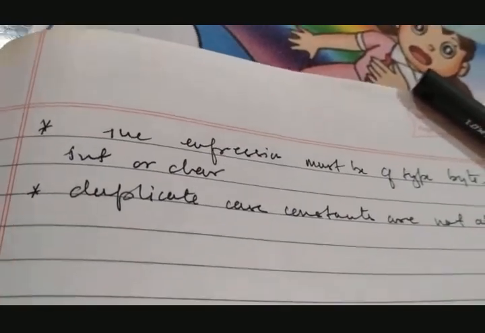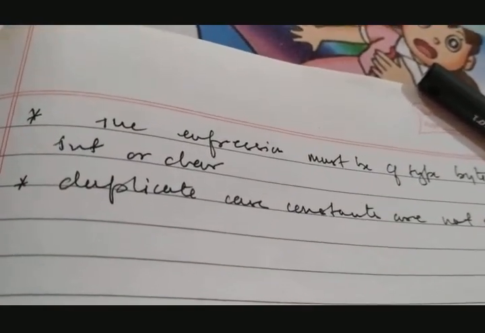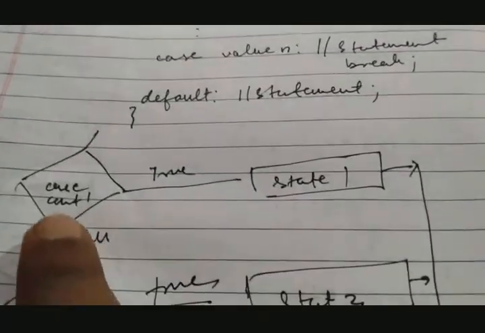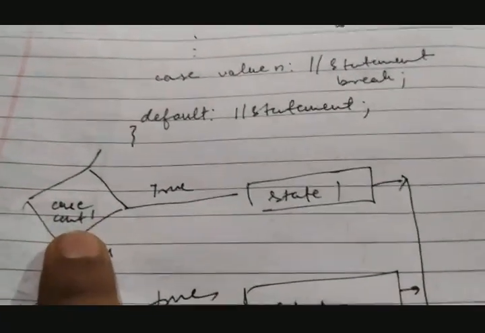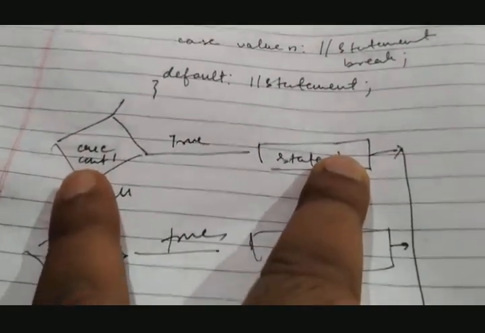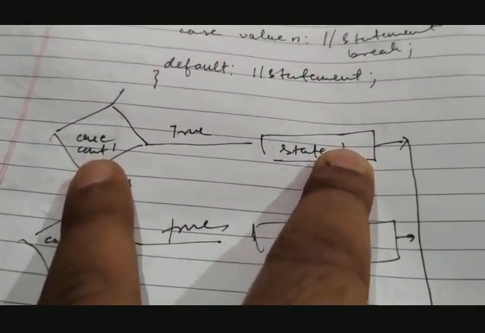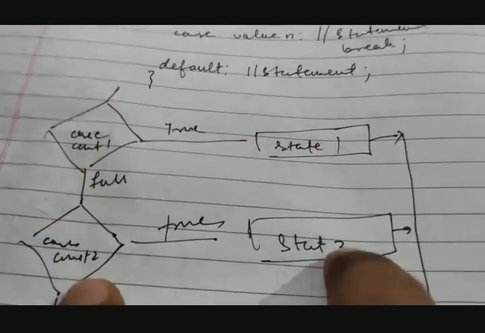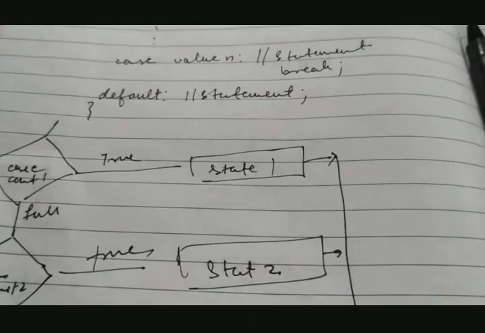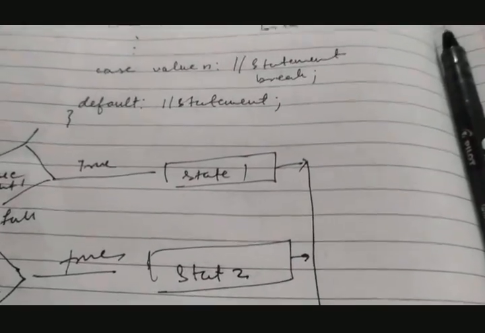What it means is, if constant 1, then statement 1. That means the compiler is confirmed about what to do if constant 1 is true, and what to do if constant 2 is true. So it knows which one has to be dealt with.